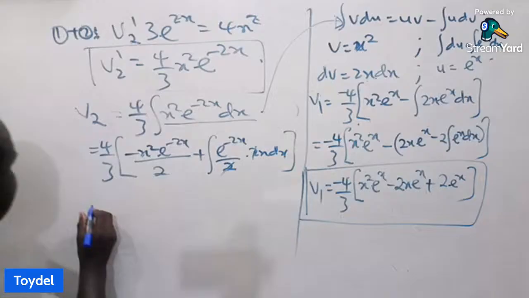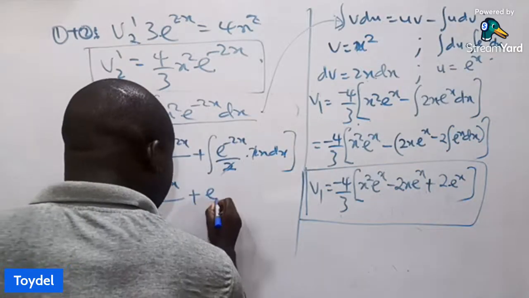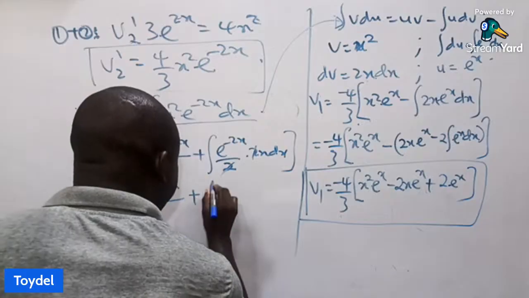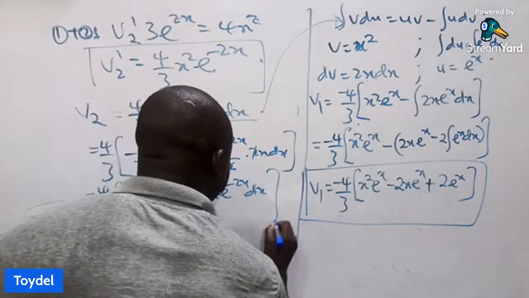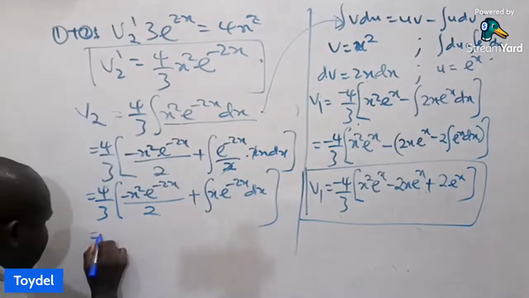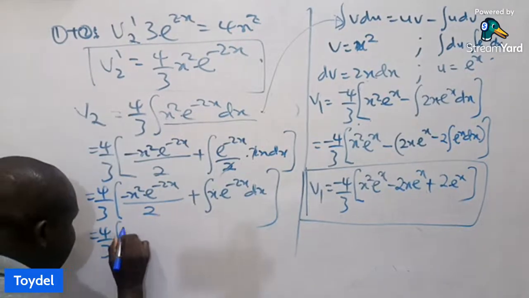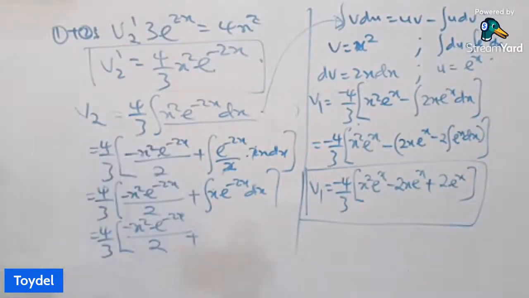At the end of the day, I'm going to have 4 all over 3 into brackets minus x squared e^(-2x) all over 2, plus x integral x e^(-2x) dx. So this is the product of two functions. I'll still apply integration by parts on this. I'm going to have 4 all over 3 into brackets minus x squared e^(-2x) all over 2 plus, I will apply integration by parts again on this.